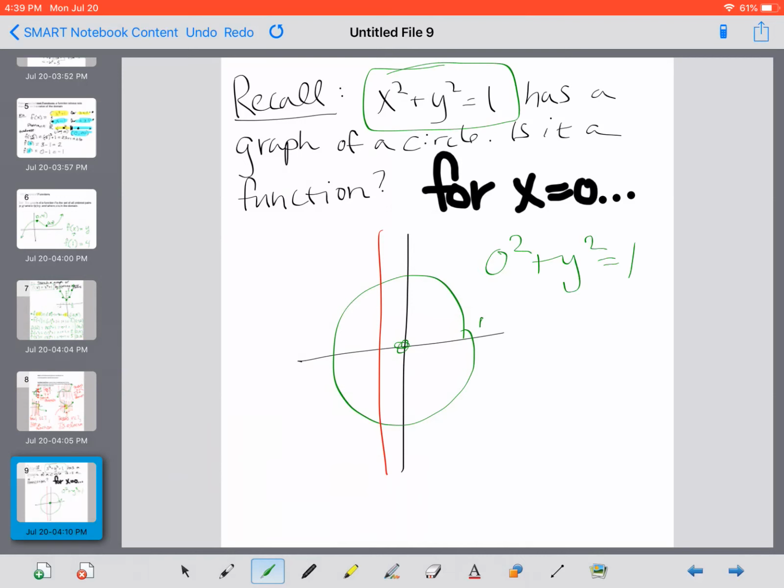Well, 0 squared is just 0, so this is really y squared equals 1. And so y could have 2 possible outputs, positive 1 and negative 1. That is, we have points (0, 1) and (0, -1) both as points on this curve, which means it's not a function because a particular input of x, namely x equals 0, gives you 2 different outputs of y, positive 1 and negative 1. So this is not a function.